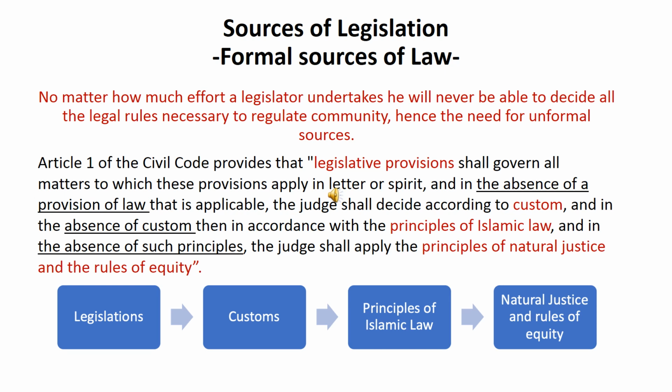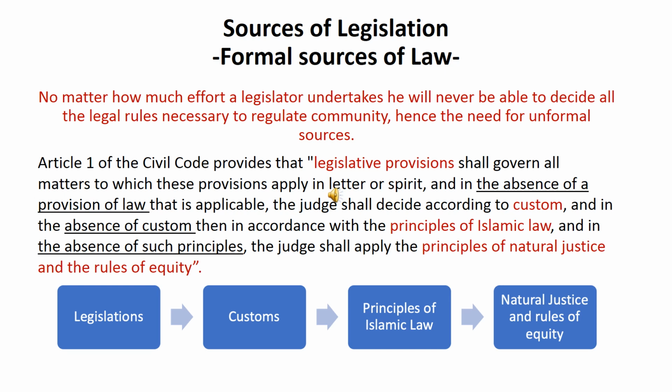So this basically means that whenever a judge is having a certain lawsuit, there's a certain hierarchy that must be respected by this judge. First, in order to be able to solve the dispute or the quarrel before him, he must refer to the legislations. If he couldn't find the solution in the legislations, then he must check the second norm, which is the customs.